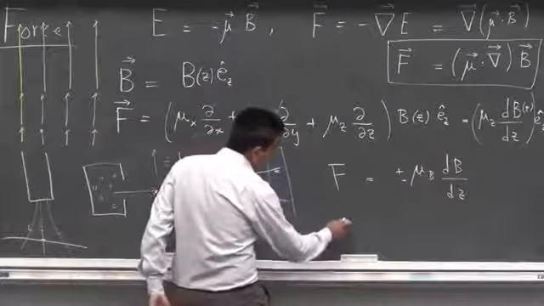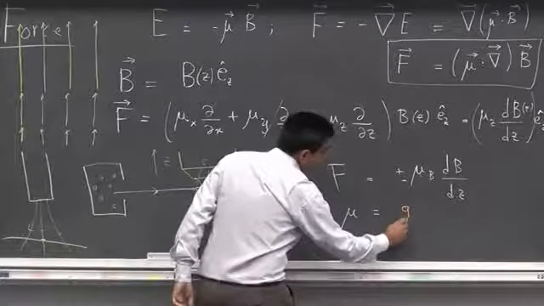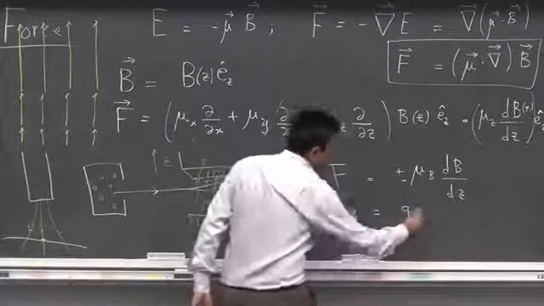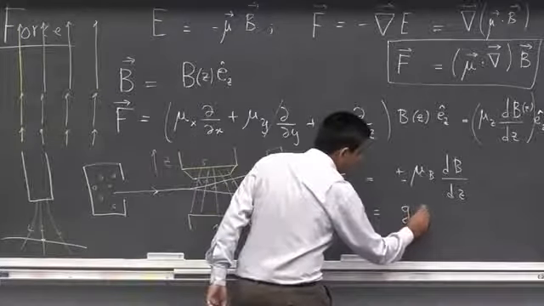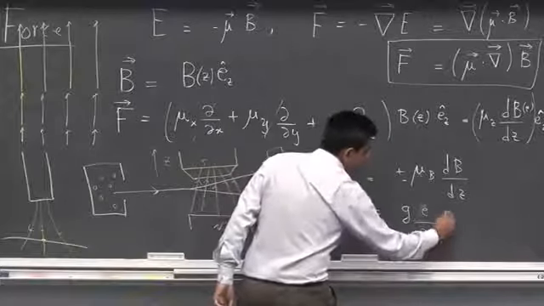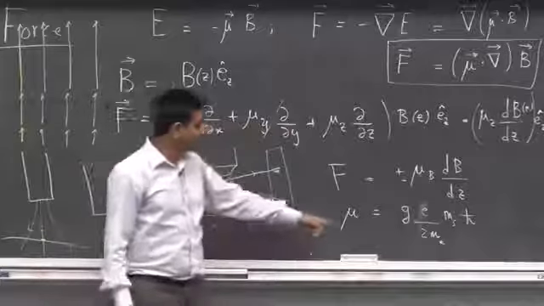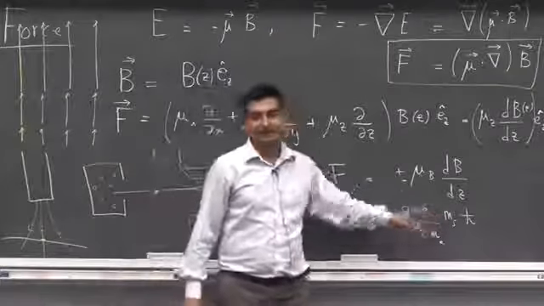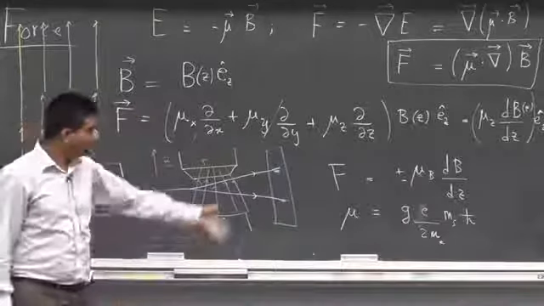The magnetic moment we all know. Any magnetic moment is given by g e over 2 m_e times m_s h bar, right? So if you could find mu, you could find m_s. m_s turned out to be plus half or minus half. So electrons are spin half particles. Everything else is a constant here.